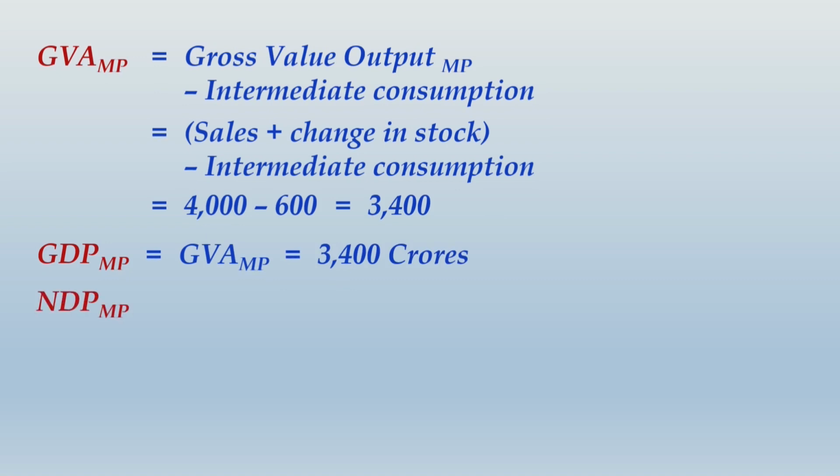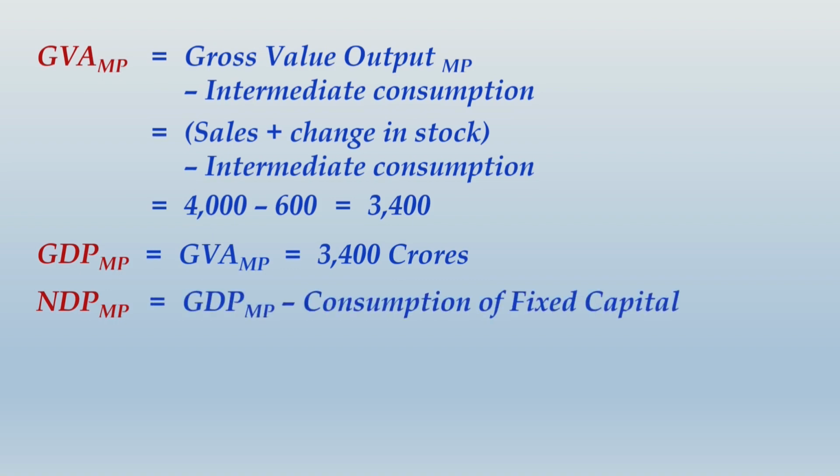NDP at market price, net domestic product at market price, means converting gross to net. So basically you want to subtract depreciation. Here the term depreciation has been given in the question in the form of consumption of fixed capital, which is by value 200 crores. So what you get as NDP at market price will be 3200 crores.